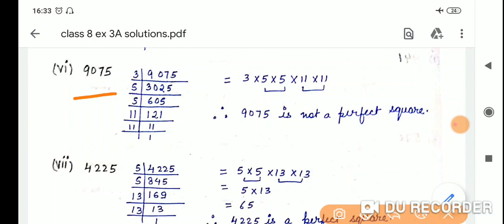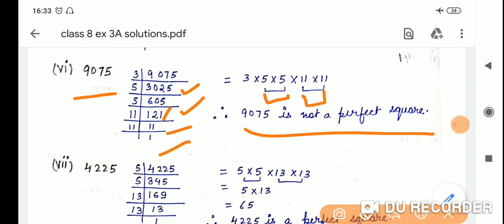Now coming to the next part, that is 9075. To phir 3 se 3025, 5 se 605, 5 se 121, then 11 se 11 times, and 11 ka 1. So 3 is not having any pair, but 5 is having and 11 is having. I told you that whenever a factor is not having a pair, that means the number is not a perfect square. In this case, 3 is not having any pair, so 9075 is not a perfect square. Clear?